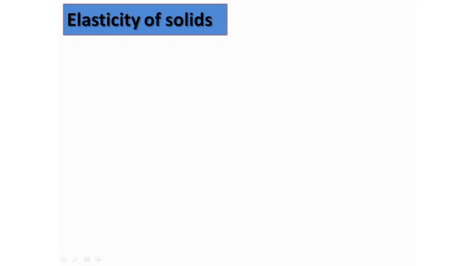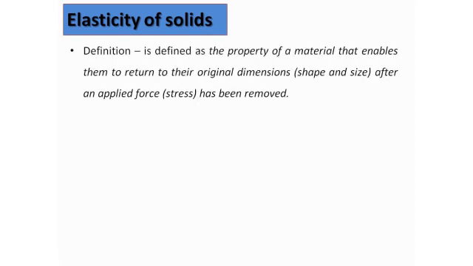Now, elasticity of solid. What is elasticity? It is the property of any material. Elasticity can be defined as the property of any material which helps it return to its original dimension when you remove the force applied upon it. Suppose we have a rubber band.